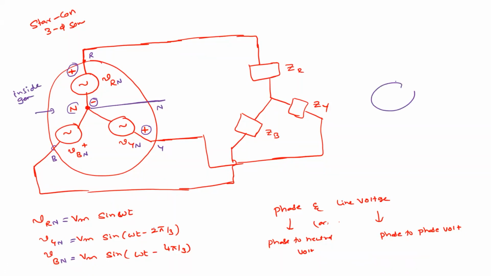For example, if you have a machine like this, four terminals come out: R phase, Y phase, B phase, and neutral. Same here: R, Y, and B phase, and we have this neutral.